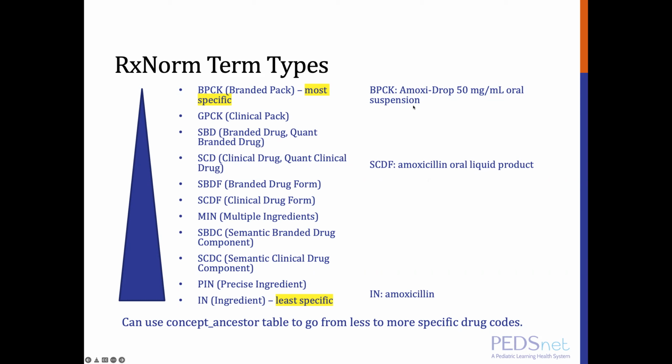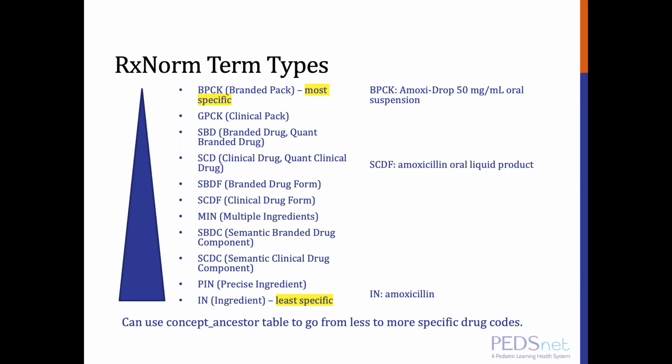Usually our requesters do not ask us to restrict to these specific branded packs, but they may say, I only want to know about oral medication. So you may be asked to only look at the antibiotics that are liquids, pills, non-IV, etc. Like I said, you can use the concept ancestor table to go from less to more specific drug codes. If you know the amoxicillin ingredient, you could use that and grab all the descendants.